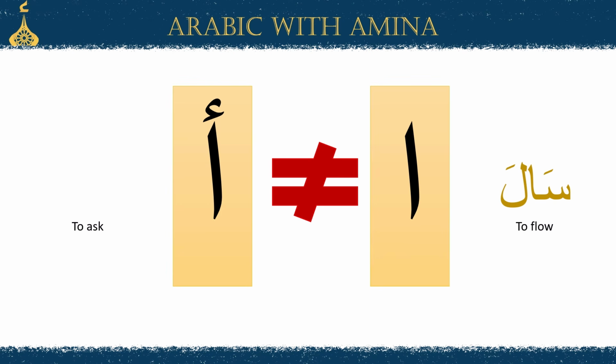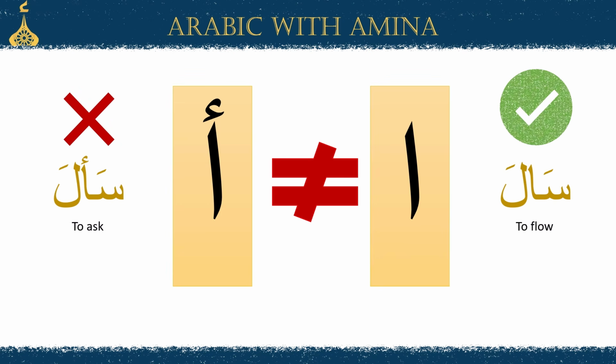And this is a weak verb because the middle letter is a weak alif. Whereas the verb to ask, sa'ala, is not a weak verb because it has a hamza letter and not an alif. So the weak verb here is sal and not sa'ala. This distinction matters when you're identifying verb types.